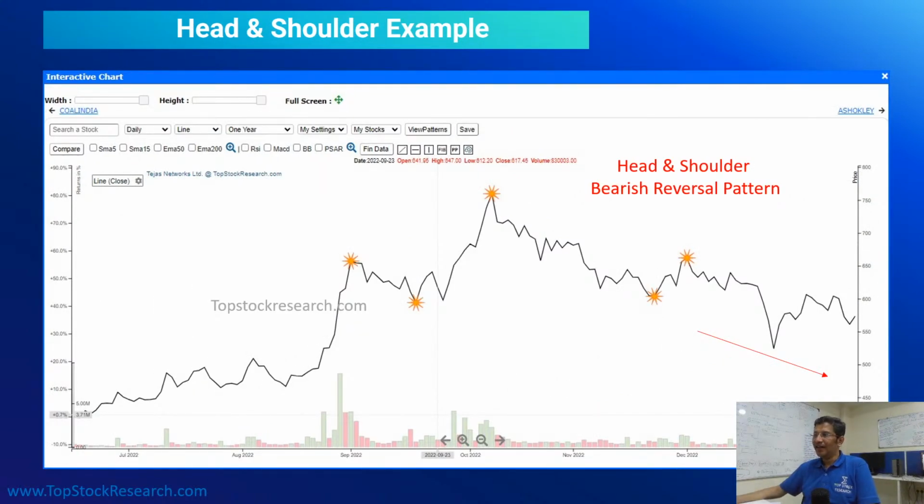So another example of head and shoulder: first shoulder, head higher than this level, second shoulder almost at the same level, and then it actually came down. So these are the directions. Now, similar to what we do, there are a lot of other players also working on these things. So sometimes these patterns can be slightly manipulated, maybe like a bull trap or a bear trap.